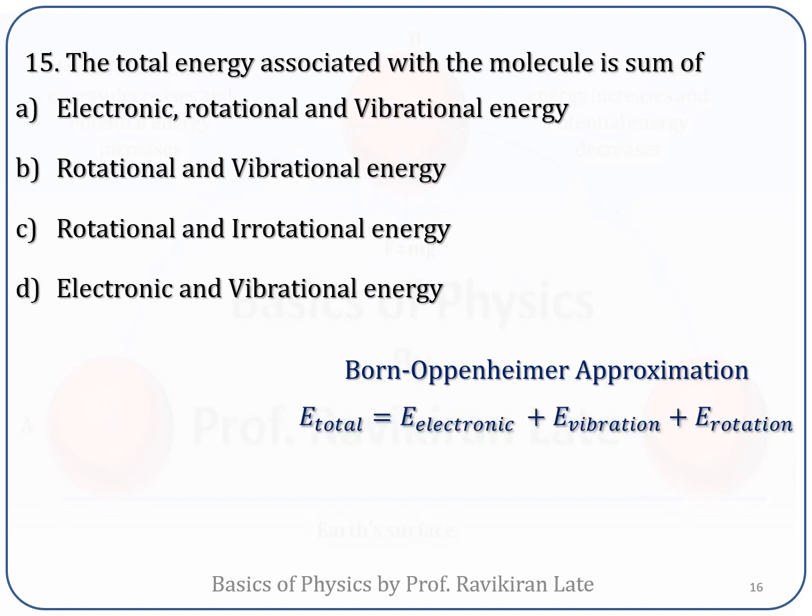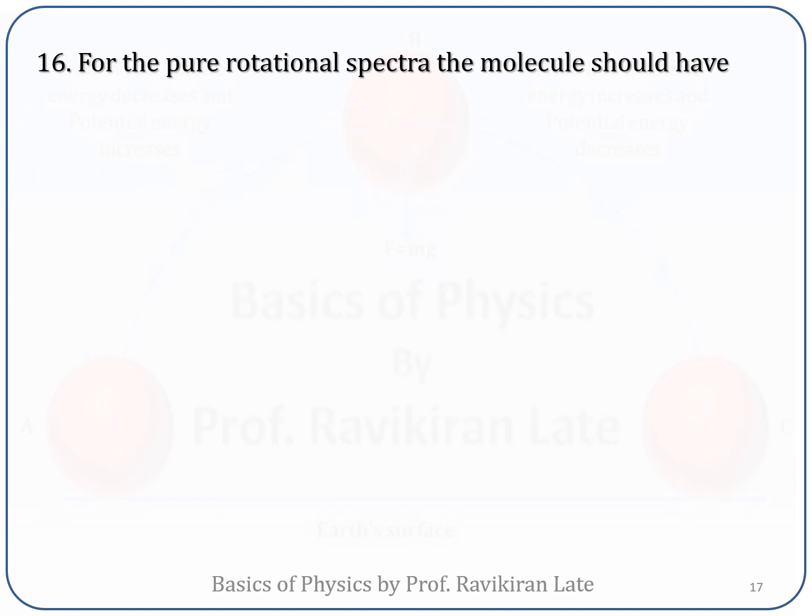There we had studied that the total energy of the molecule is the sum of electronic energy, vibrational energy and rotational energy. So it is option A, rotational, vibrational and electronic energies.